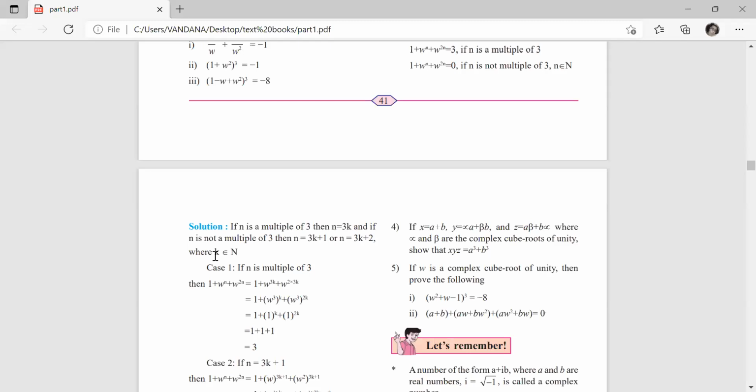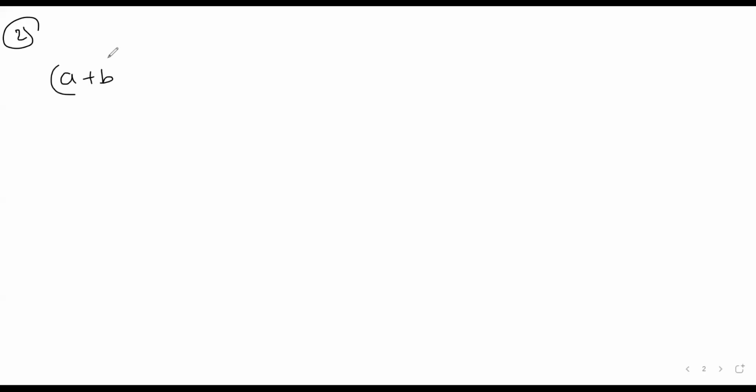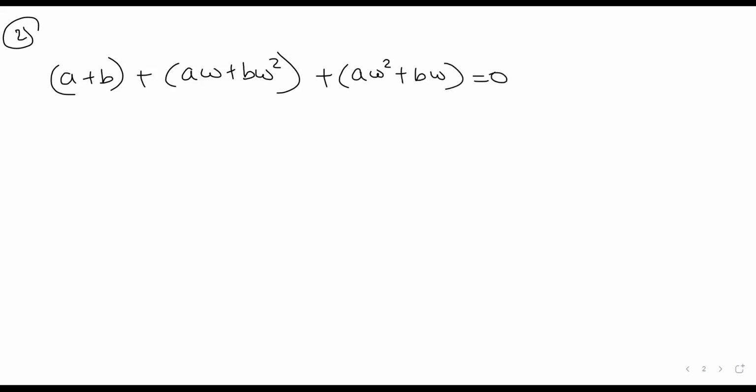Similarly, question number 2: a plus b, aw plus bw square, plus aw square plus bw, is equal to 0.